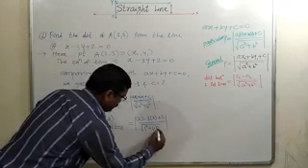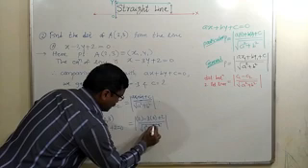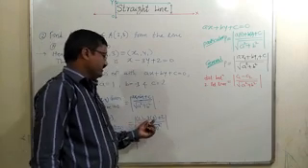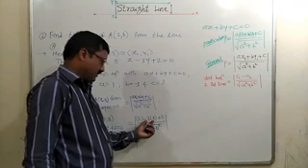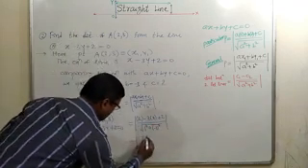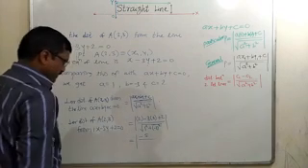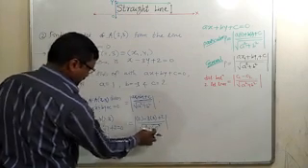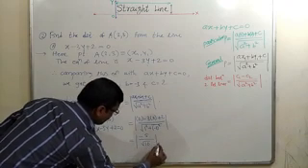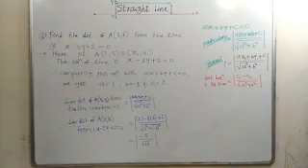This becomes 2 minus 9, that is minus 7, plus 2, that is minus 5. So it is mod of minus 5 upon root of 9 plus 1, that is root 10.